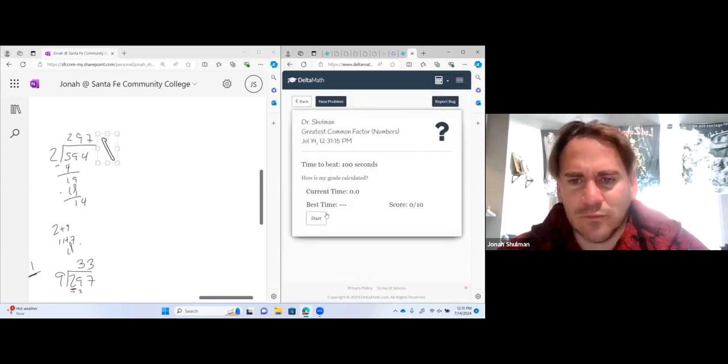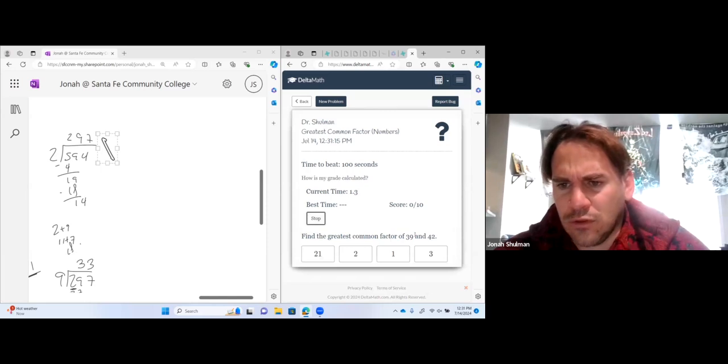Oh, we get to try some. Let's see how fast we can go. 39 and 42. I'm going 3. 22 and 24. I am going 2. 44 and 46. I'm going 2. 18 and 21. I'm going 3. 50 and 48. 8?